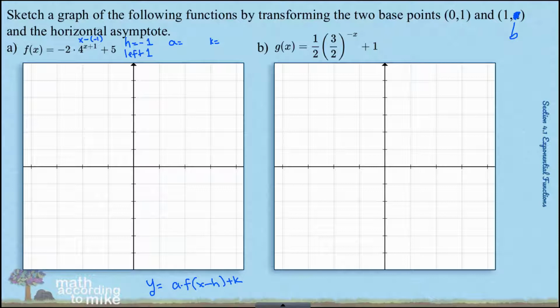A is what you multiply the function by. We are multiplying the function by negative 2. This will do two things. The negative creates a vertical reflection, and to be specific, a vertical reflection over the x-axis, and the 2 creates a vertical stretch.